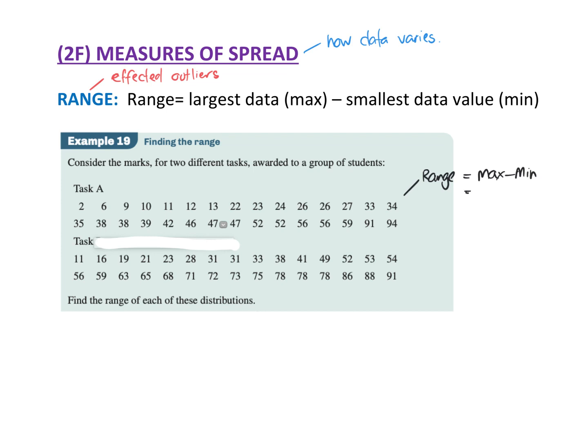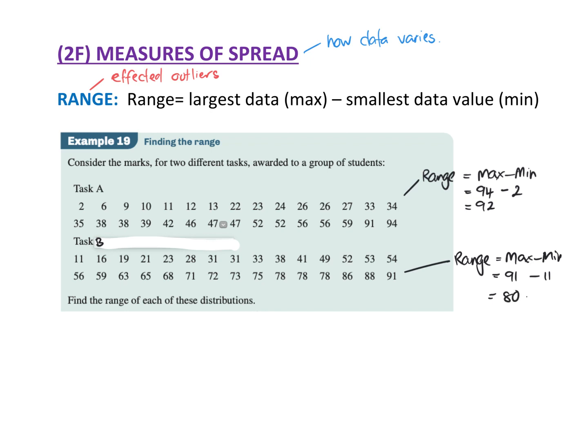In task A, the highest number was 94 and the smallest number was a 2, so we had a range of 92. In task B, once again, the maximum, the biggest, minus the minimum, so it'd be 91 minus 11. So we end up with a range of 80.